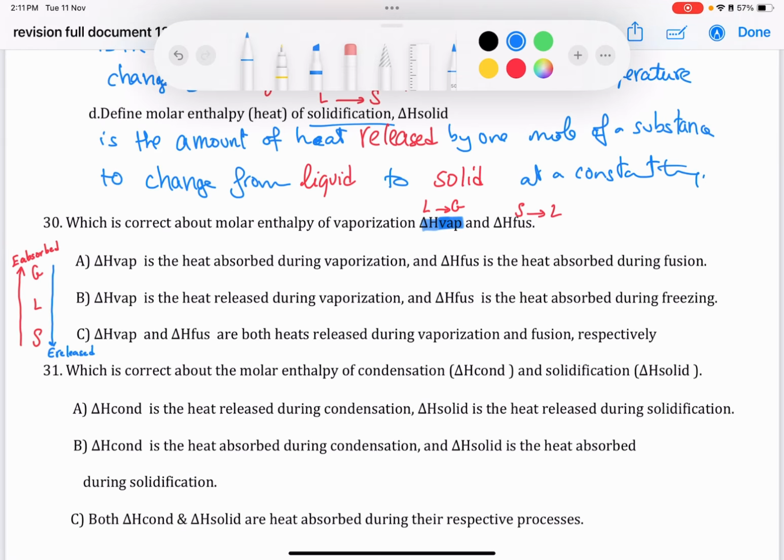Vaporization, that's liquid to gas. Heat is absorbed during vaporization. That's correct. Fusion is solid to liquid. Again, fusion is absorbed. Yeah, so that's the correct answer.